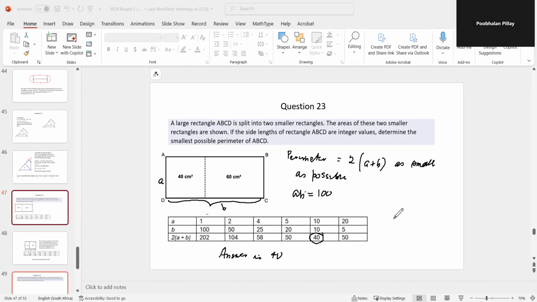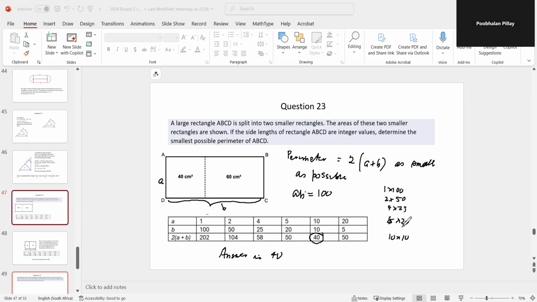If you want, you can complete this thing, but it's really not necessary because the factors come like this: 1 times 100, 2 times 50, 4 times 25, 5 times 20, and 10 times 10.